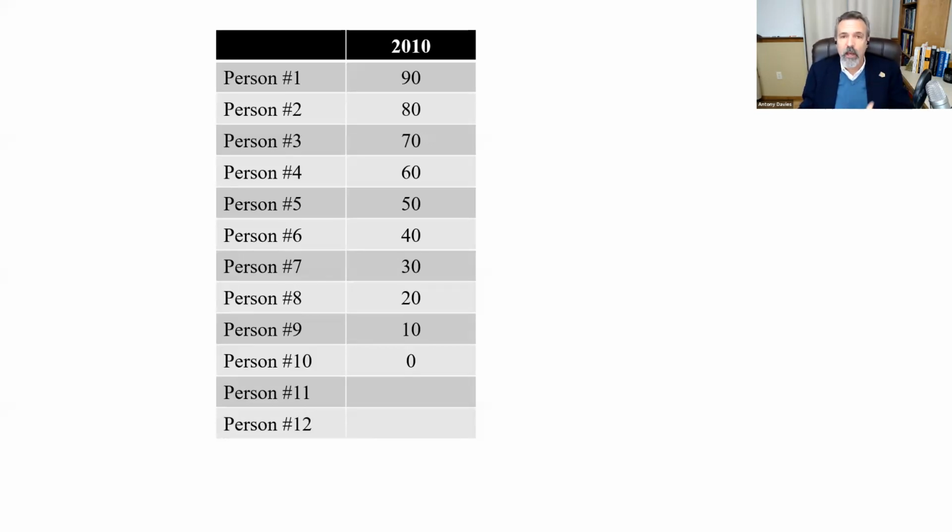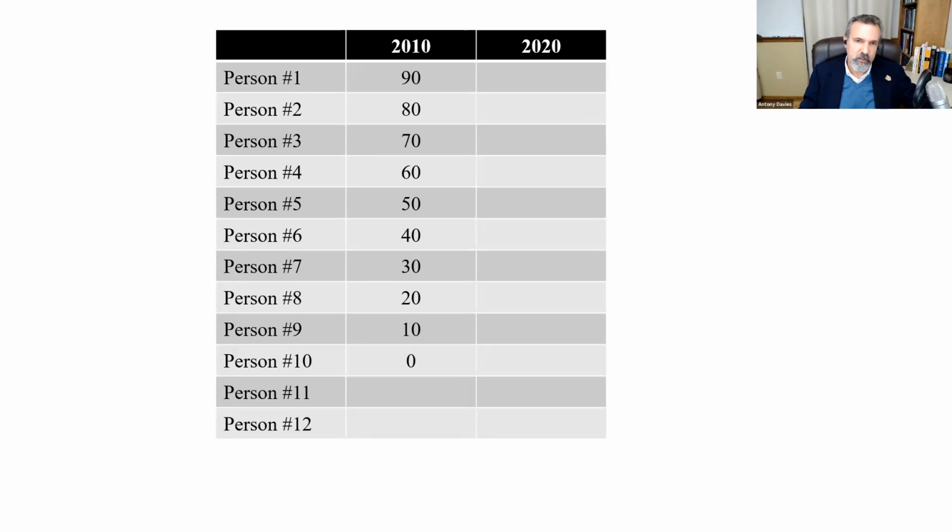Now, I'm going to roll time forward a decade. The average age here, take the average, is 45 years old. So all those people, average age 45. Now, roll the calendar forward 10 years. It's now 2020. What happens? A new person is born, person 11, born yesterday.